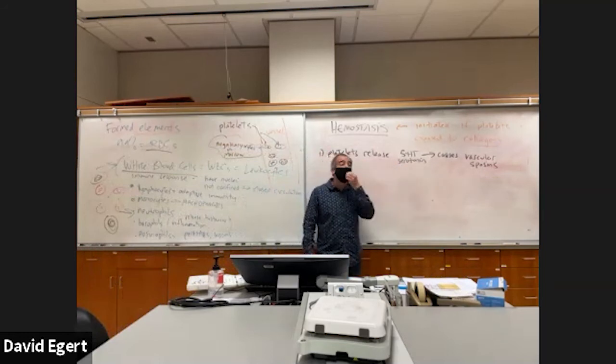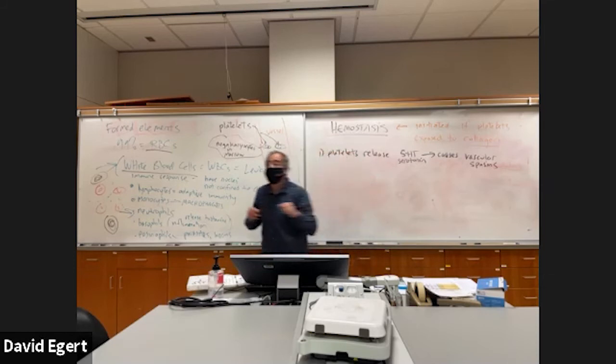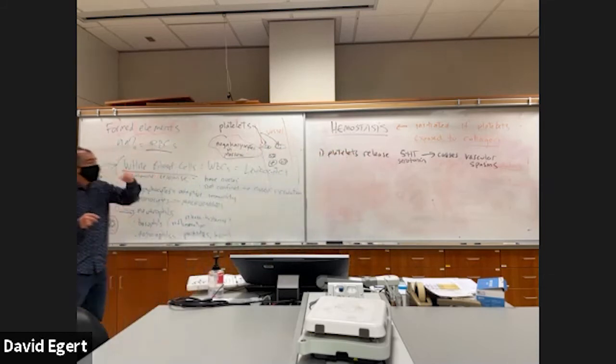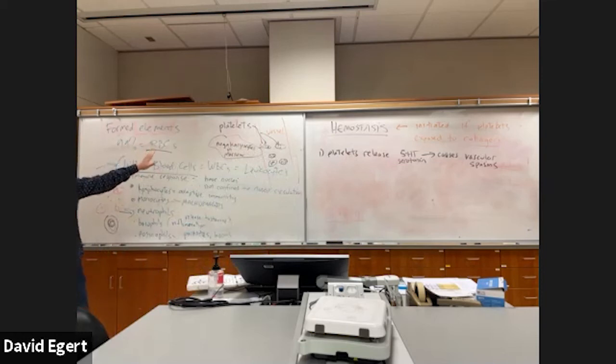Why is causing vascular constriction going to be a helpful thing in this case? Reduce blood flow. Yeah, less blood flow, right? There's a rip in the wall. Okay, let's shut down the flow into this region so we don't just bleed out here. So this is going to decrease the amount of flow into the area.